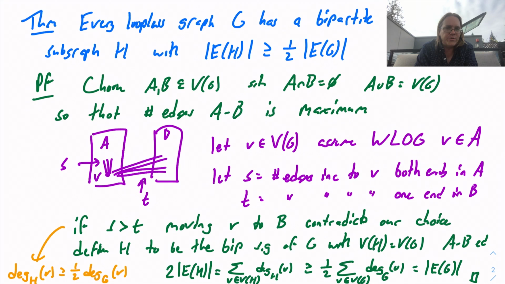And that tells me that the degree in that bipartite graph that I form with the edges between A and B, the degrees in that graph are always at least half of the degrees in the original graph. And there you go. That means that my subgraph H is going to have at least half the edges of G. Okay, so that'll complete it for this little lesson.